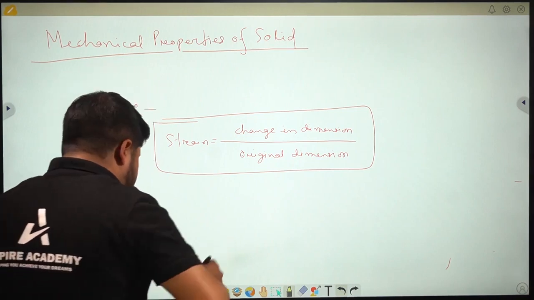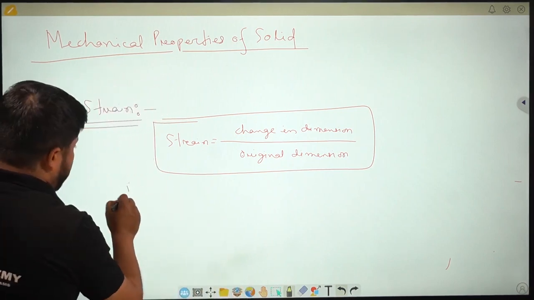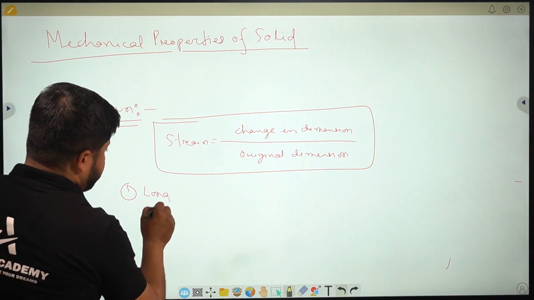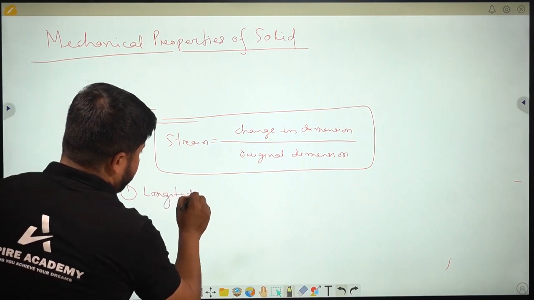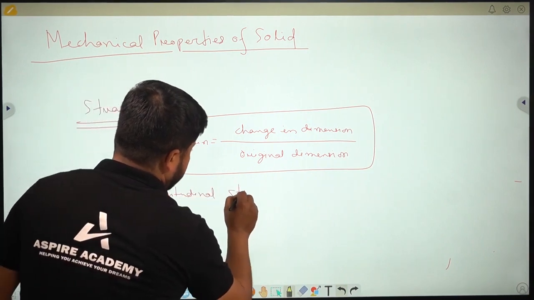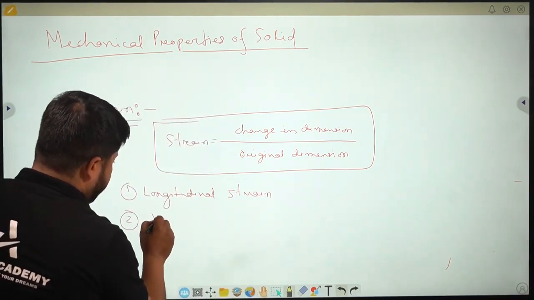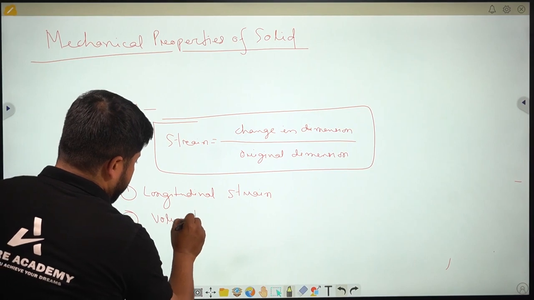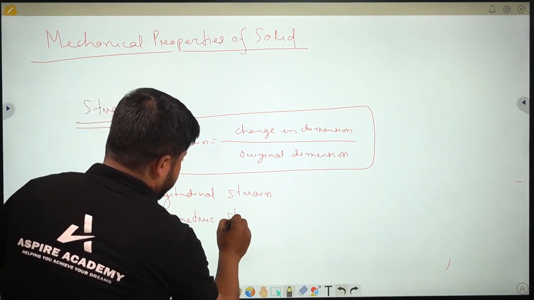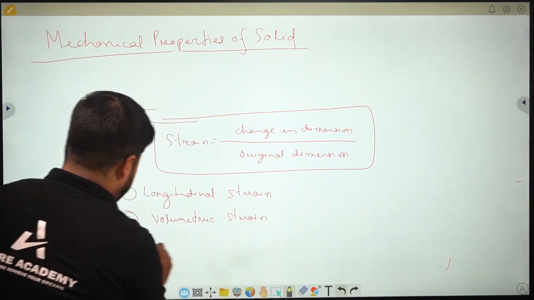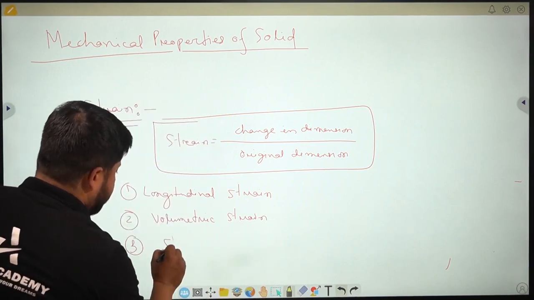There are three types of strain. One is called longitudinal strain, number two is called volumetric strain, and number three is called shear strain.